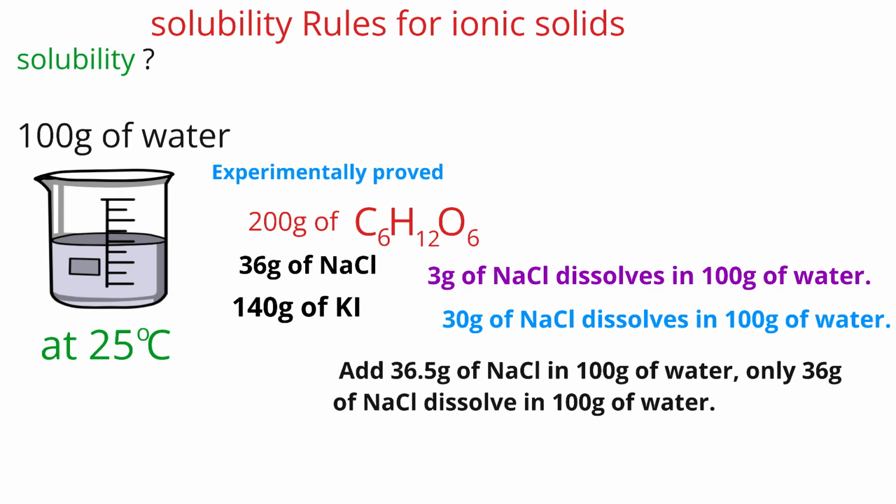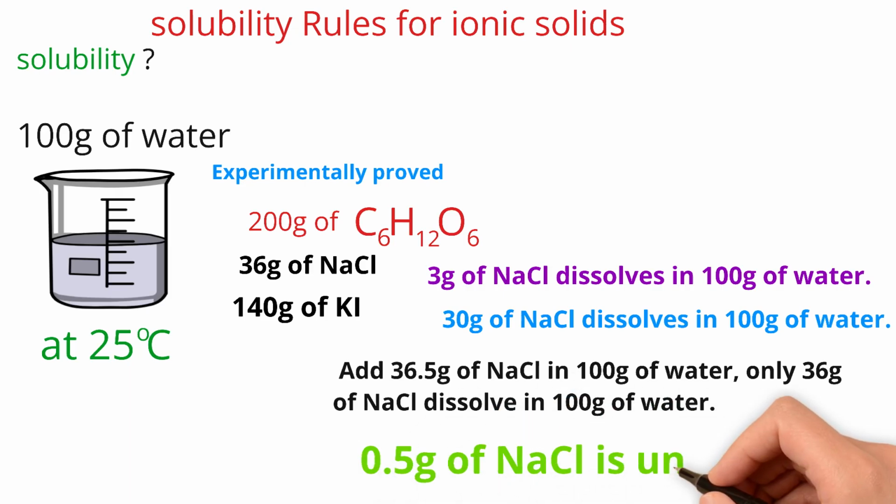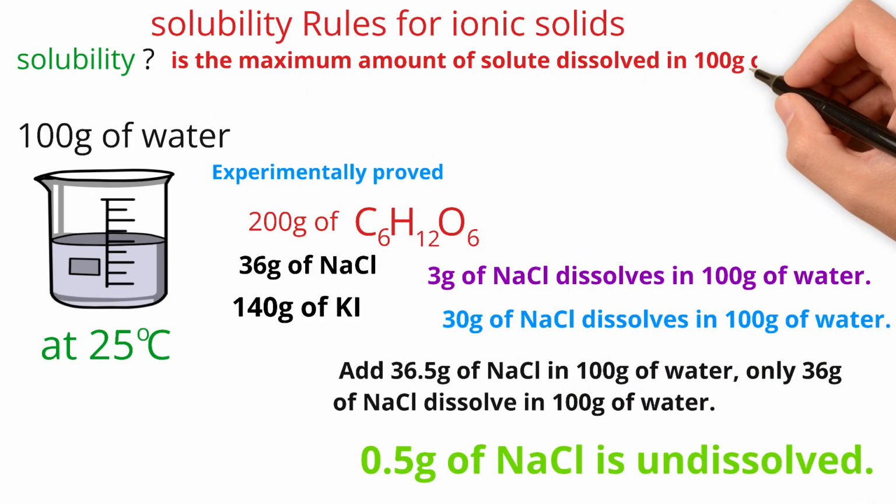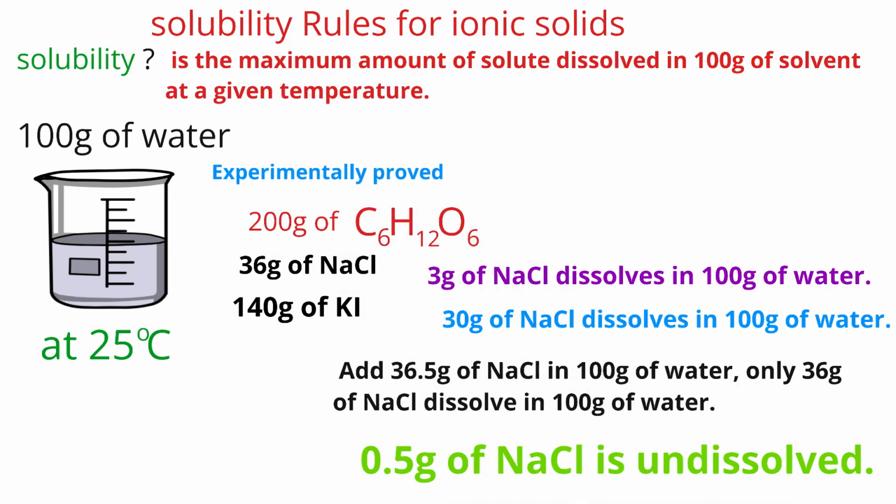From 36.5 grams of sodium chloride, only 36 grams dissolved in 100 grams of water. 0.5 grams of sodium chloride is undissolved, it remains at the bottom. Therefore, solubility is the maximum amount of solute dissolved in 100 grams of solvent at a given temperature.